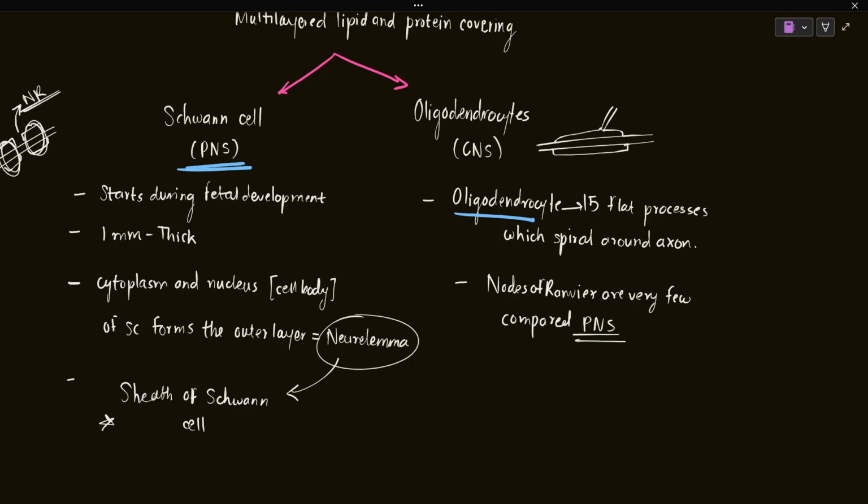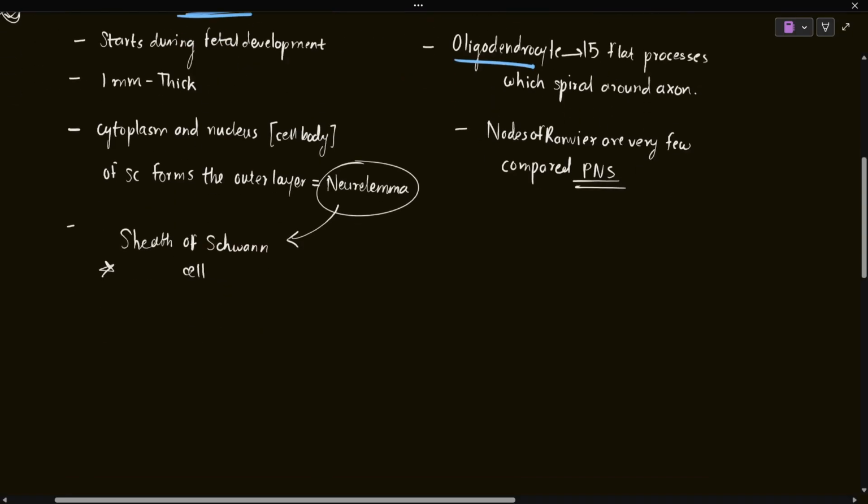Okay, but here you can see in the case of unmyelinated axons, a single Schwann cell can wrap multiple axons because it is not going to form myelin sheath. But whenever it is going to form myelin sheath, in the case of myelinated axons, a single Schwann cell will be wrapping itself around a single axon. Okay, I hope this is clear to you all.